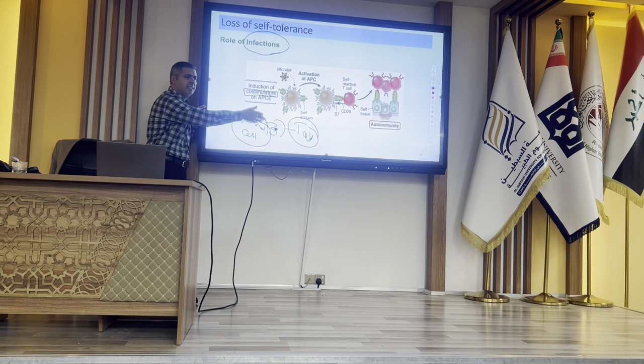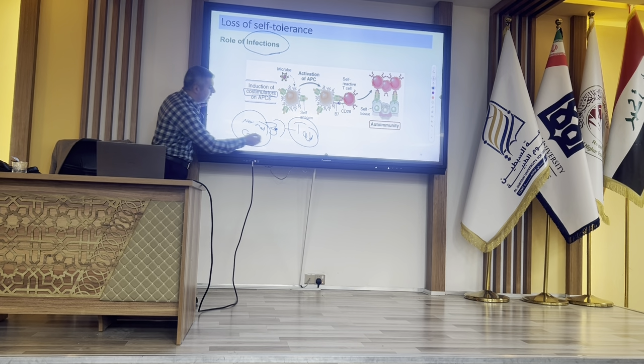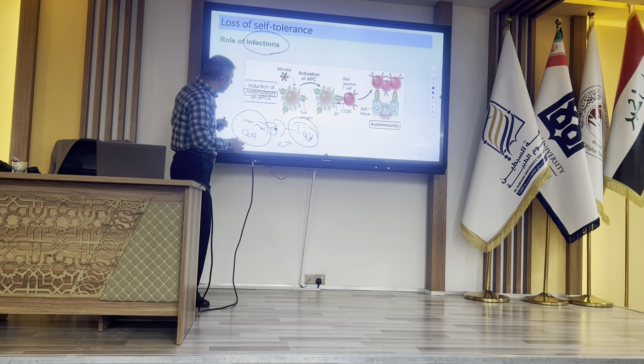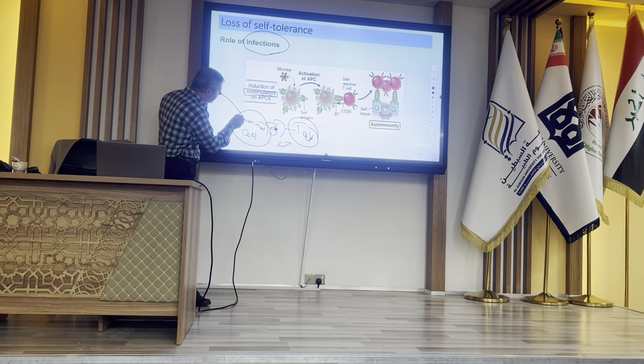We won't have activation of this T cell because there is no co-stimulation between them. The cell is normal, there is no inflammation, there are no inflammatory cytokines, there is no involvement of PRRs, so there is no co-stimulation.